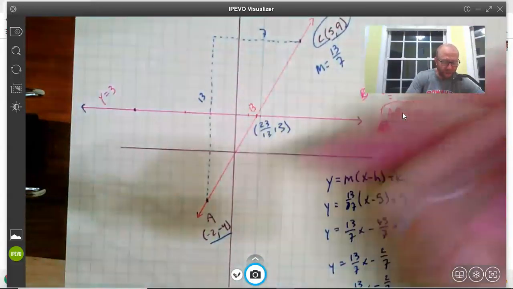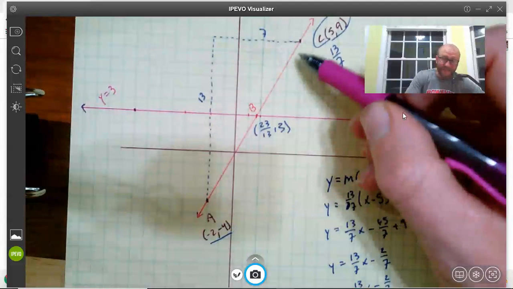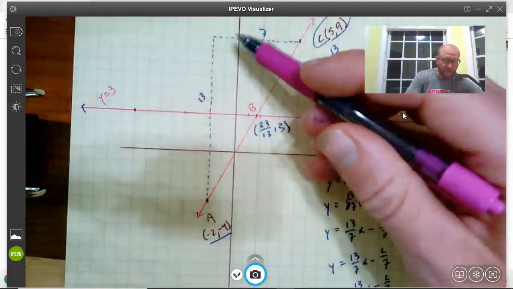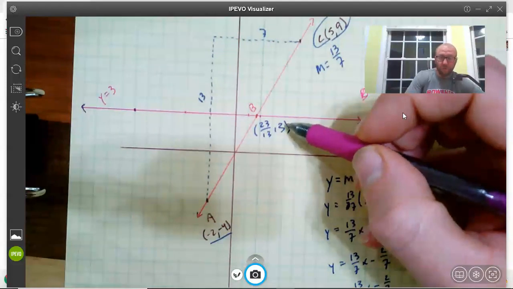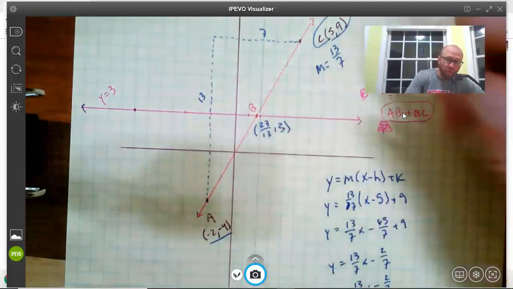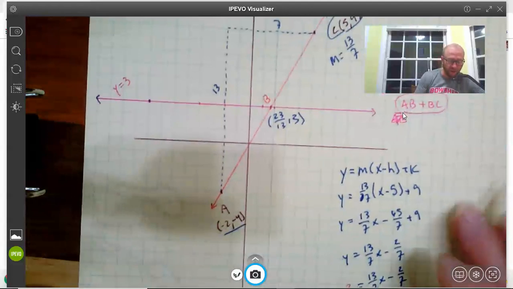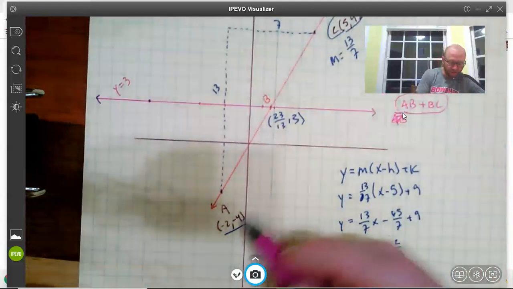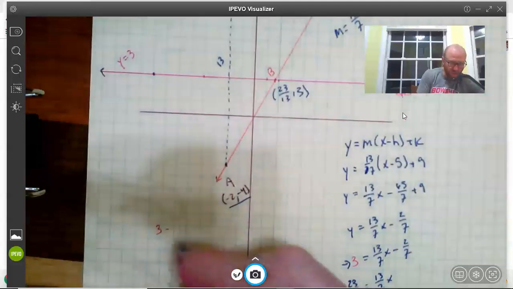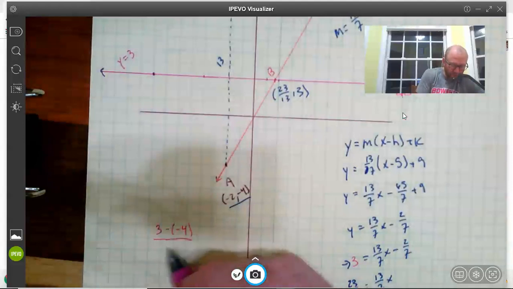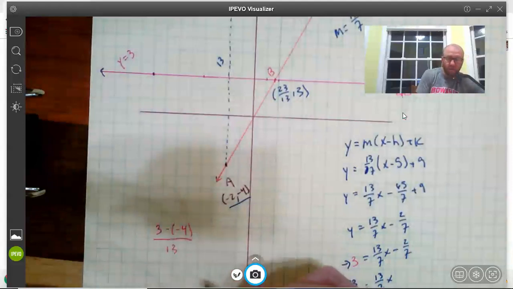I keep saying it wrong. And by the time we reach B, we've gone up to the point y equals 3. What portion of our journey have we taken already? So we've taken from -4 up to 3. So that's 3 minus -4 out of 13.